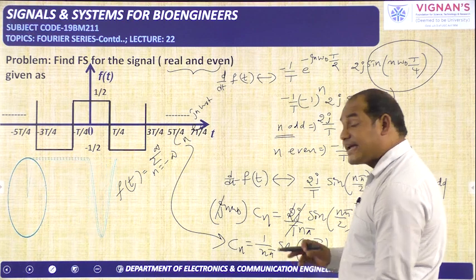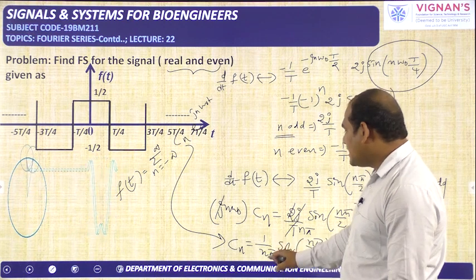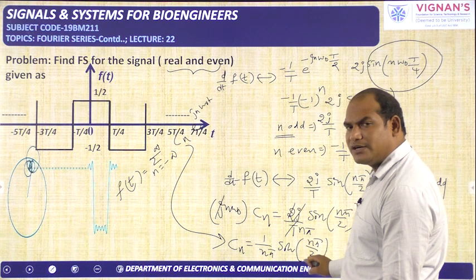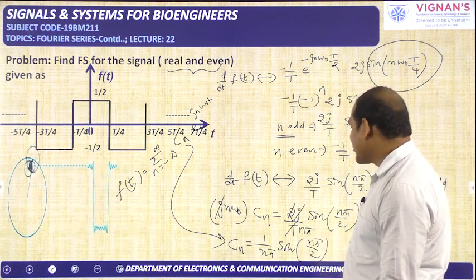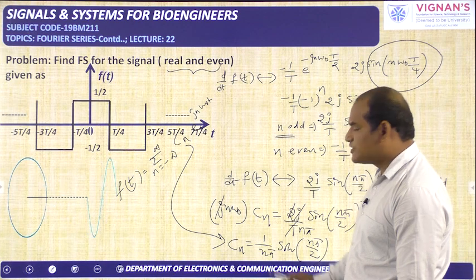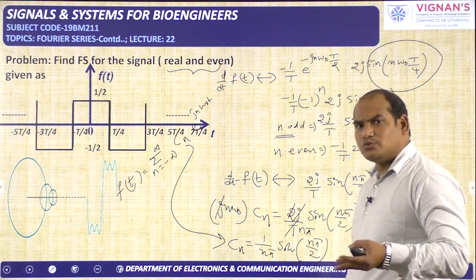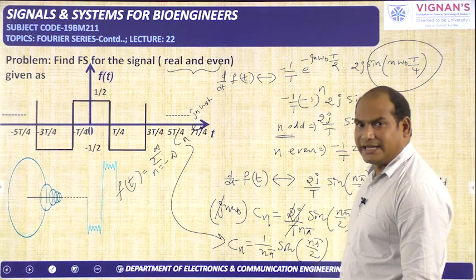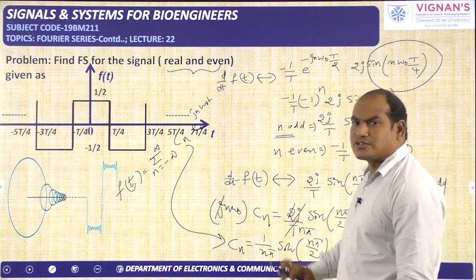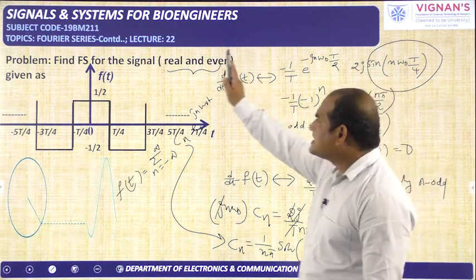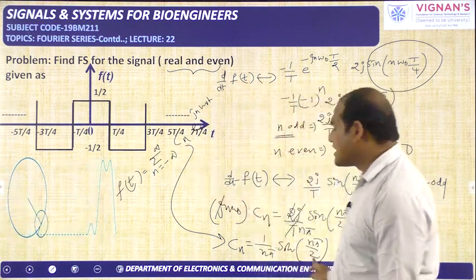Next, if you take n equal to minus 1, 1 by minus pi sin of minus pi by 2. Sin of minus pi by 2 is equal to minus sin of pi by 2. So minus minus will be cancelled, and you will get the same thing. That means whether n is positive or negative, you get the same thing. That means this coefficient is also even only. So if the signal is real and even, the coefficient is also even.